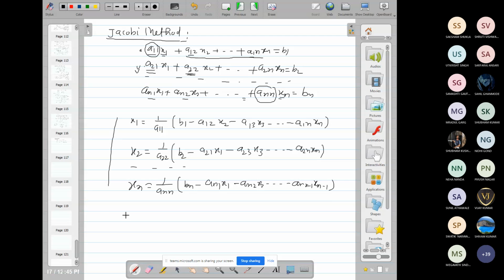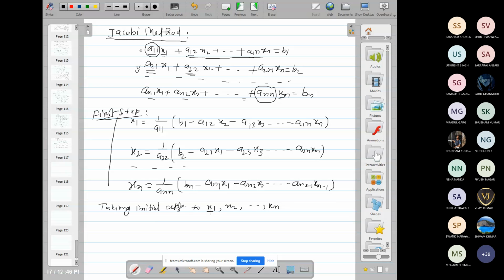Now, this is the first step. And the second step, first take the initial approximation to x1, x2 and xn.